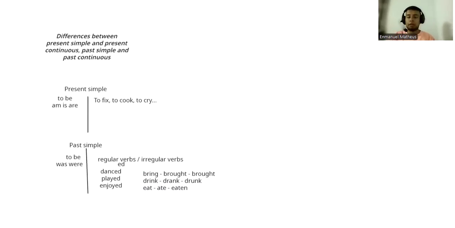Next to it, we have regular verbs and irregular verbs. We use ed to change a word into past. But for irregular verbs, we need to use three different columns.